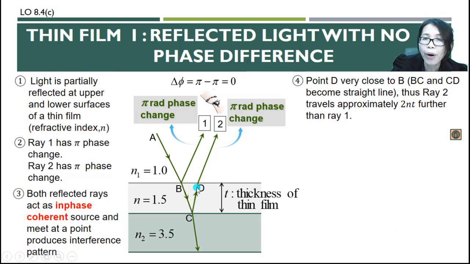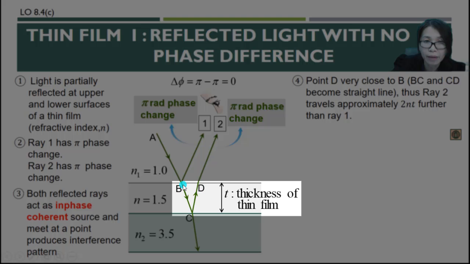Then class, point D is very close to point B because we said the light is incident almost normally. So BC and CD might become a straight line. Thus, we might say that ray 2 travels approximately 2nt further compared to ray 1. Why 2nt?